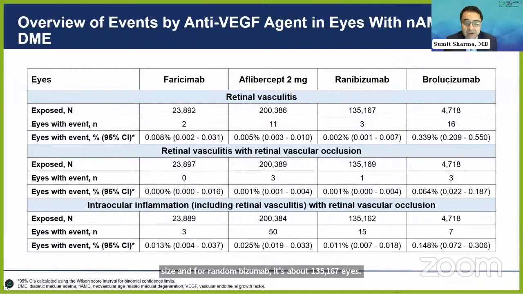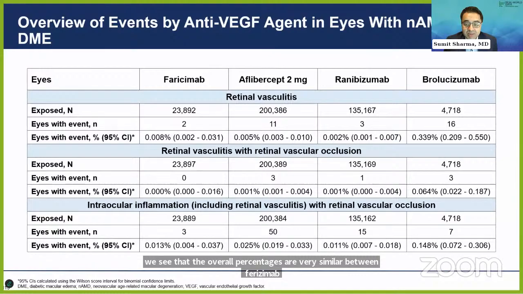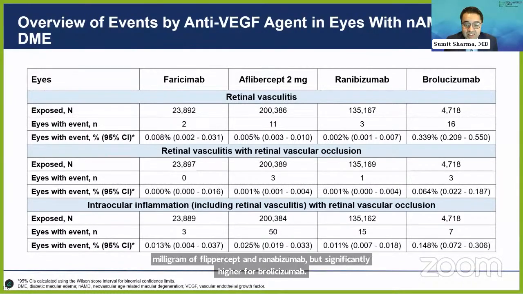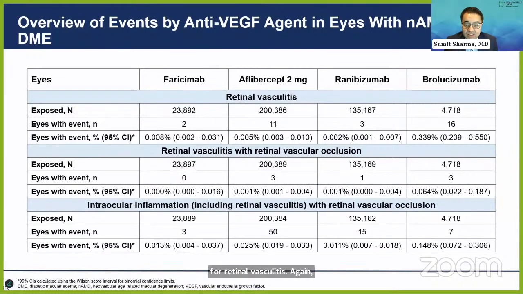If we look at the event rates in terms of percentages, the overall percentages are very similar between faricimab, 2 milligram aflibercept, and ranibizumab, but significantly higher for brolucizumab for retinal vasculitis. Again, similar findings for retinal vasculitis with retinal vascular occlusions, where there's a very low event rate for faricimab, 2 milligram aflibercept, and ranibizumab, but a significantly higher rate for brolucizumab.